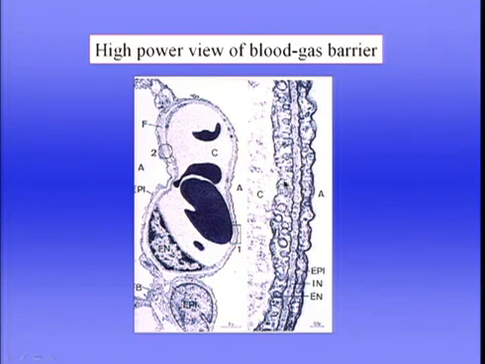And what's interesting about this is that in addition to the alveolar epithelial layer here and the endothelial layer here and the capillary lumen here, we can clearly see the extracellular matrix, or the interstitium as it's sometimes called. And if you look carefully, you can see an electron-dense band right in the middle of this extracellular matrix.